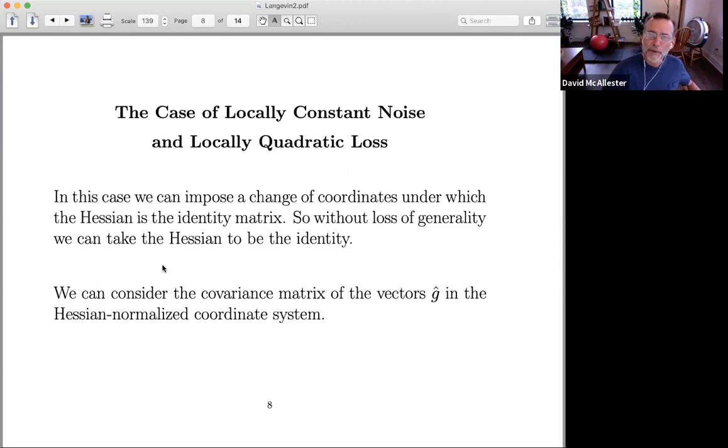We can do a slightly more general analysis instead of this very special case where we have a loss that's the sum of 2 losses on the 2 variables independently and independent noise. We can just consider the general case of locally constant noise and locally quadratic loss. And you would expect this to happen near a local minimum.